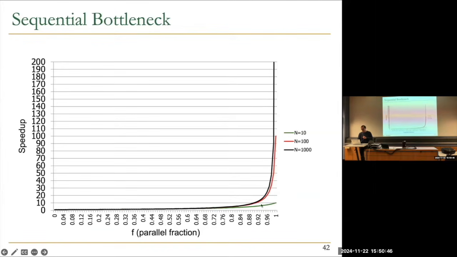You can see that the speedups become larger when you get really close to 1, right? And the differences between different numbers of cores also become more interesting as you're very close to 1. So you want really embarrassingly parallel applications, as you said.